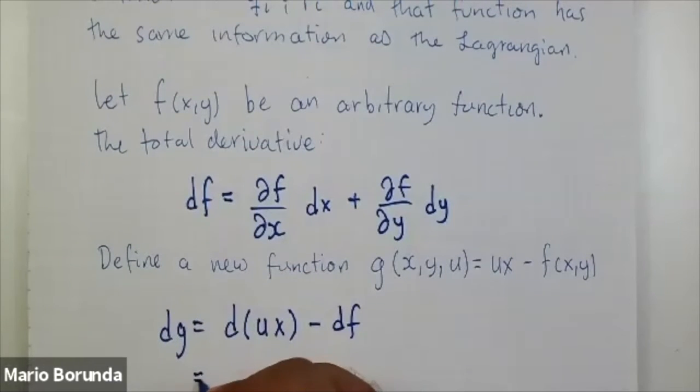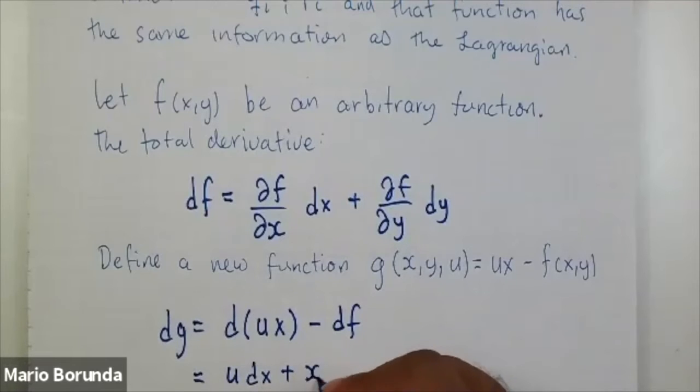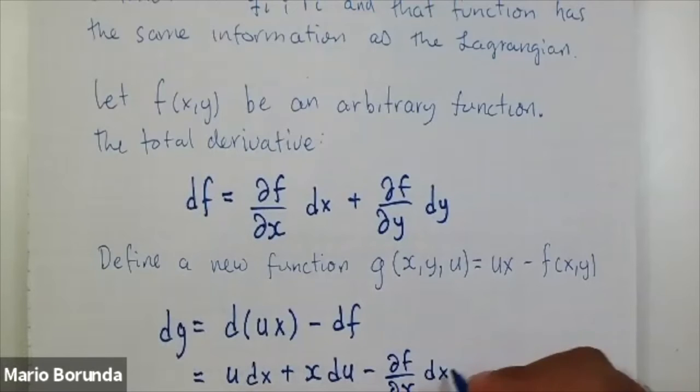So if we do that, we're going to have u dx plus x du, minus the partial of f with respect to x dx, minus the partial of f with respect to y dy.